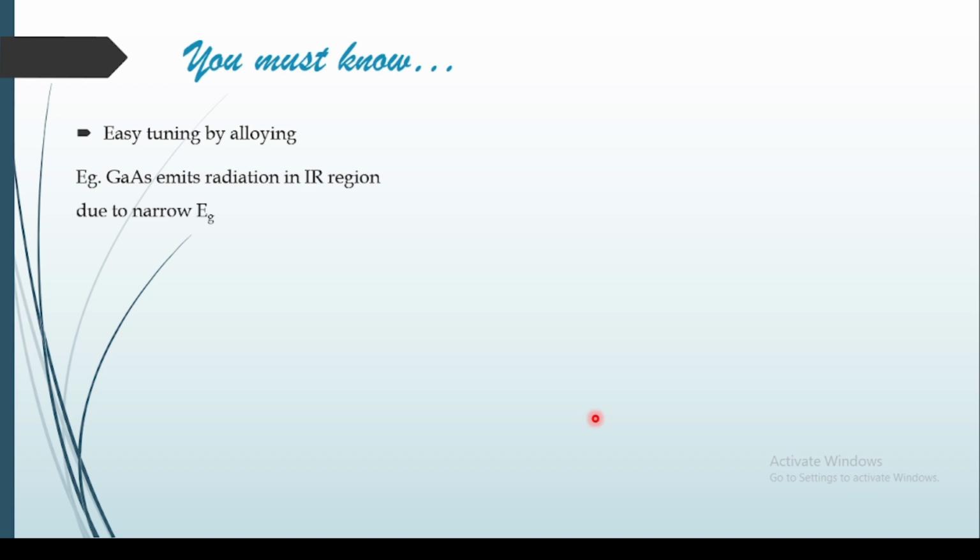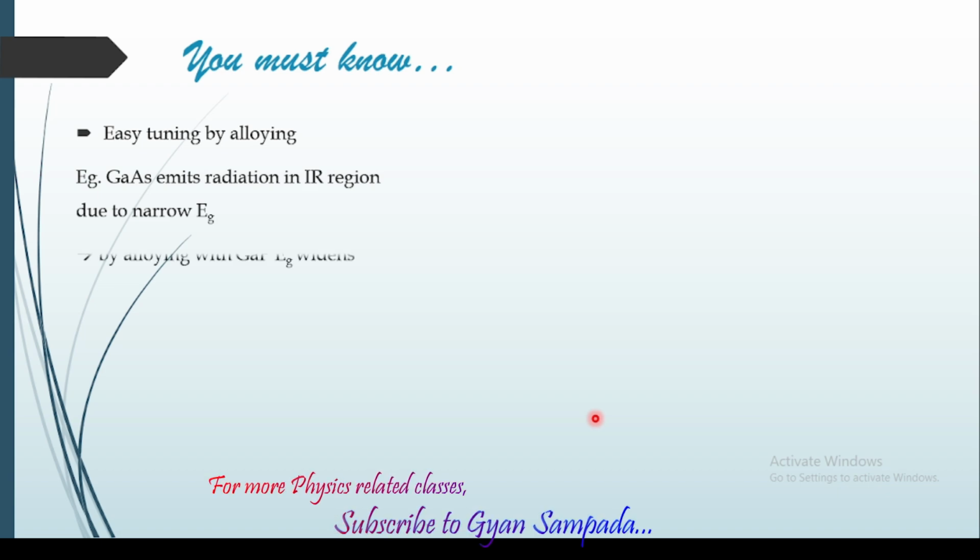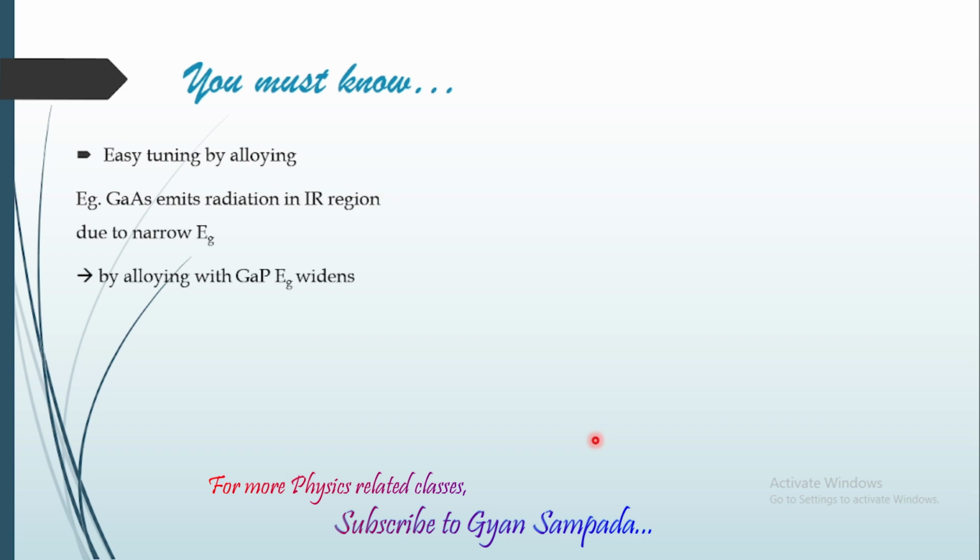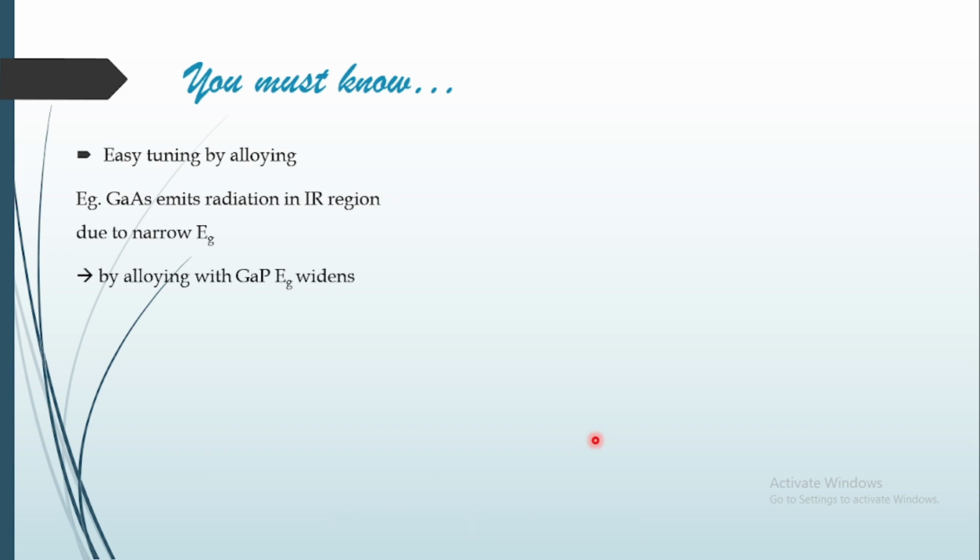And if the energy gap is widened by alloying with gallium phosphide or any other material which has a wider band gap, the radiation falls into the visible range and that is of more application. So in this manner, tuning is very helpful for application purposes. So alloying is the method corresponding to that.